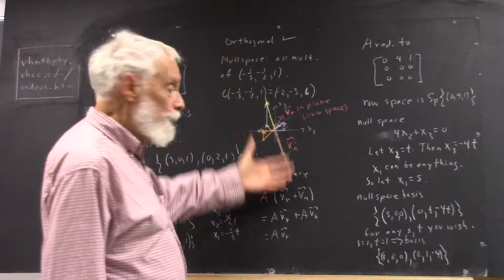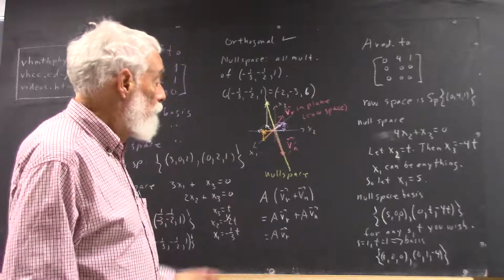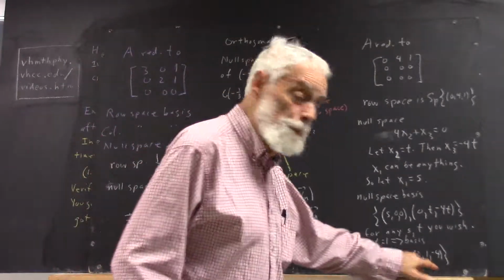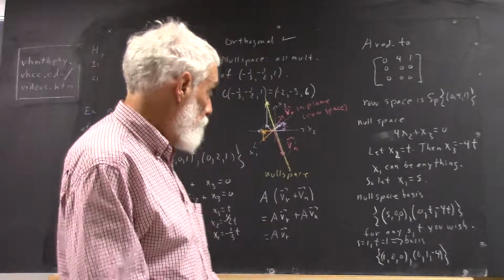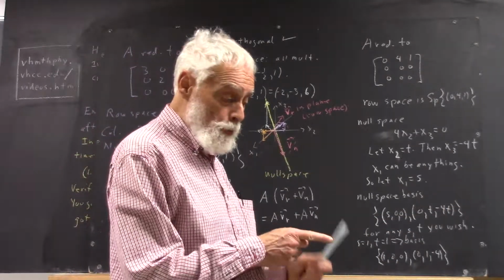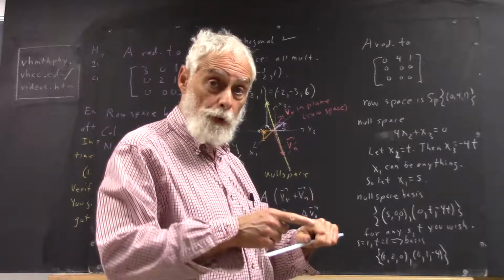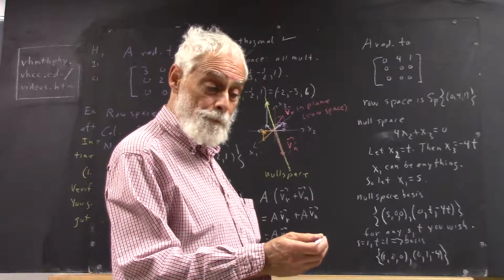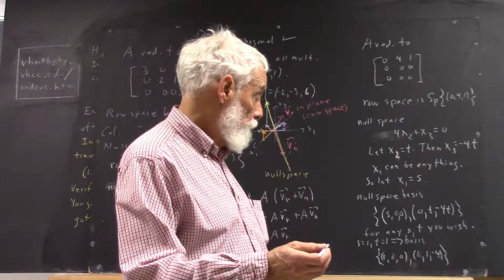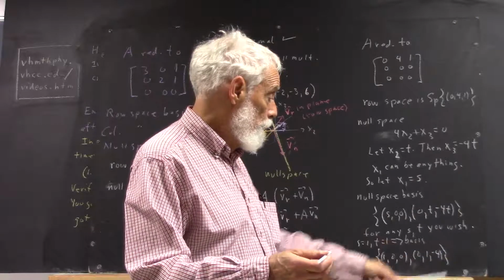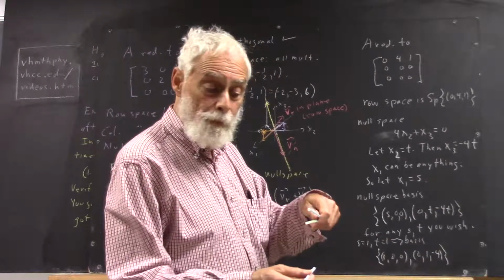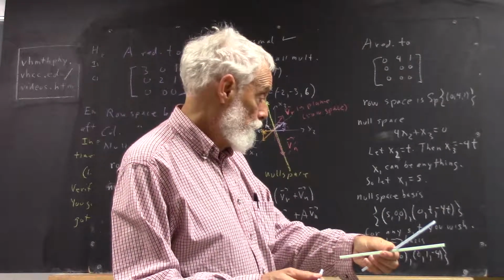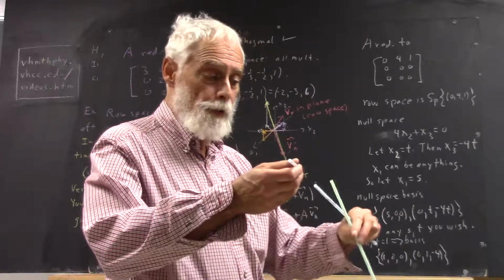So the picture is kind of like this, but in this case our null space is spanned by two vectors. It's a plane. We can see what the plane is. We come out from the origin, we come out 1 unit in the x direction. That's this vector. Then 0, 1, negative 4. No motion in this direction, 1 unit in this direction, and 4 units down in this direction.